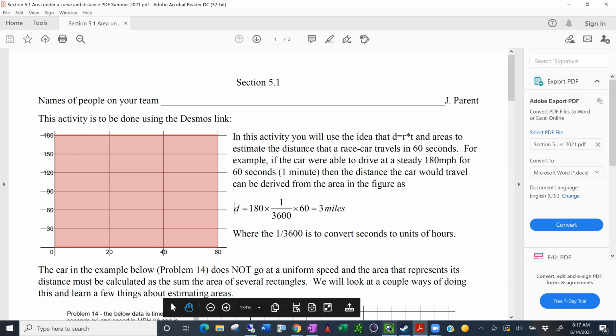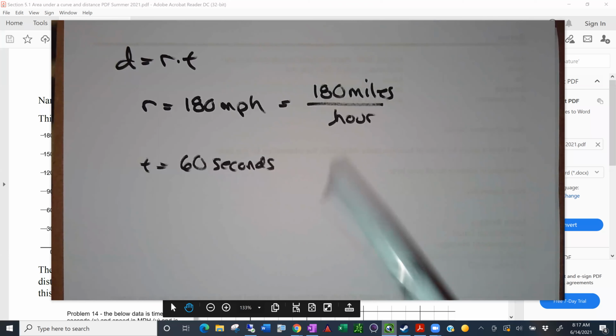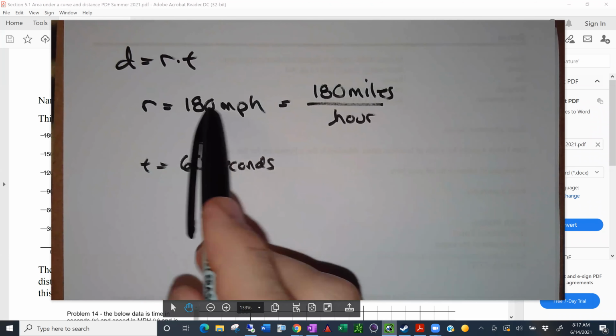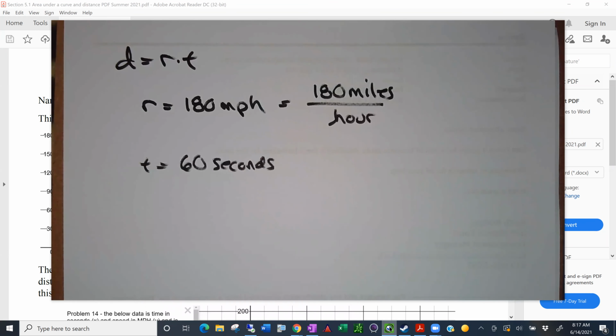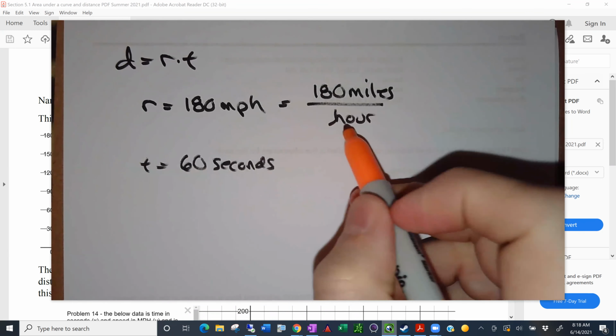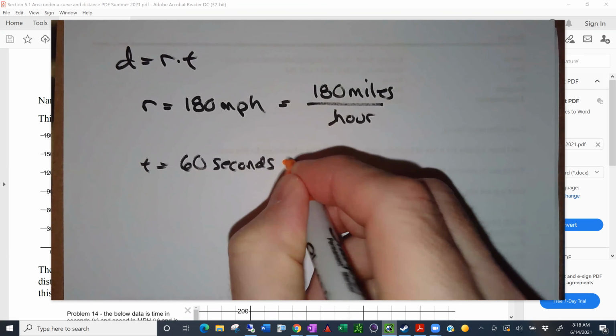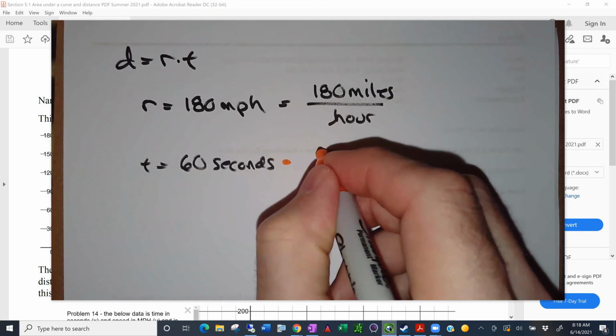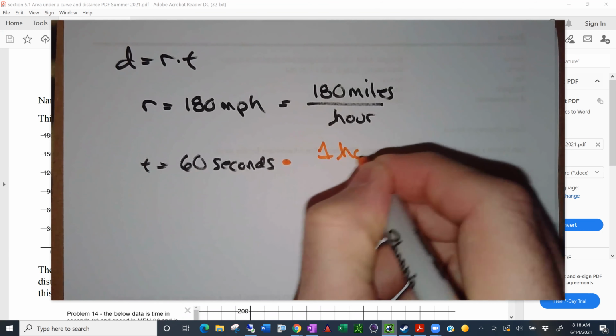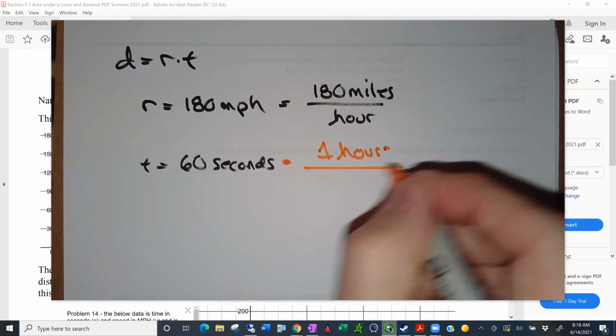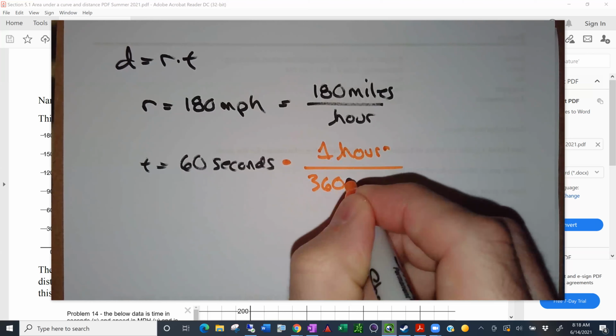Well, hopefully you remember a little bit about distance equals rate times time. Here's your rate. Time is 60 seconds, but if I want to work with it in this problem, I need to have it in units of hours. So what you could realize is that 1 hour has 3,600 seconds.